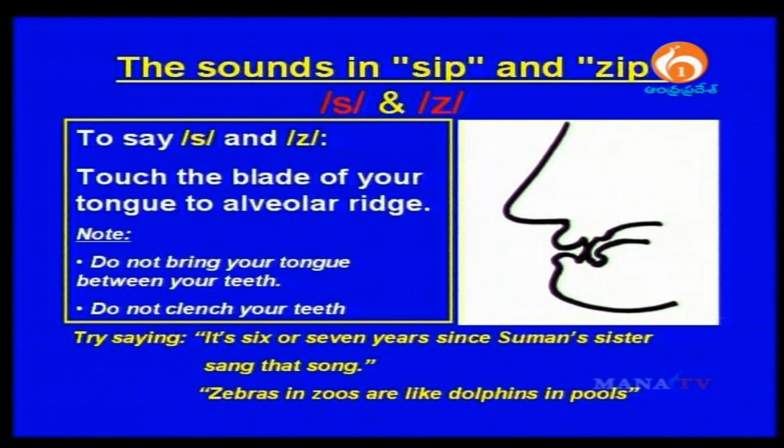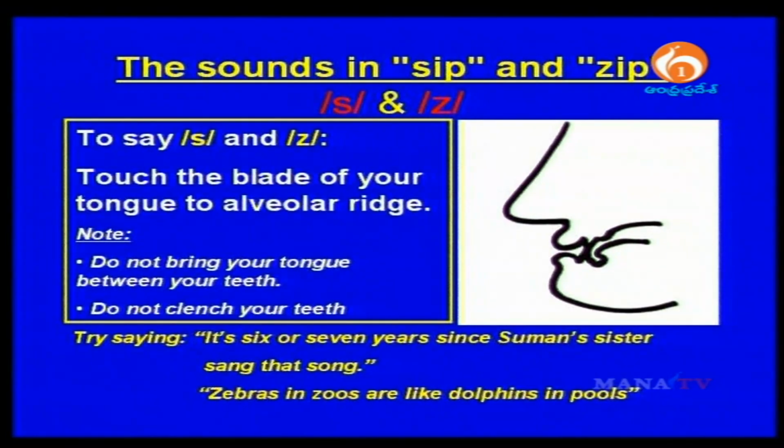And do not clench your teeth while you're pronouncing S sound or a Z sound. That's going to distort it. Let's look at a few examples. It's 6 or 7 years since Suman's sister sang that song. Try and say this. It's got quite a few S sounds in there.